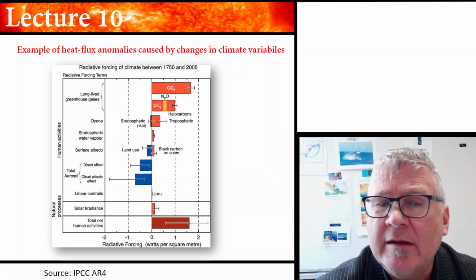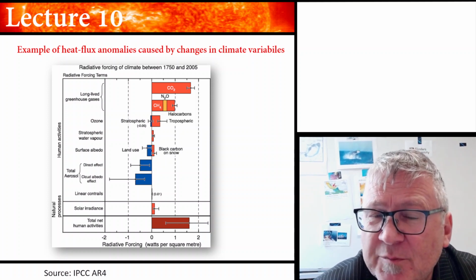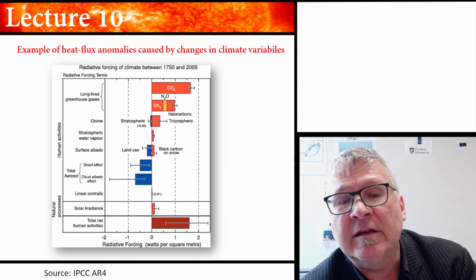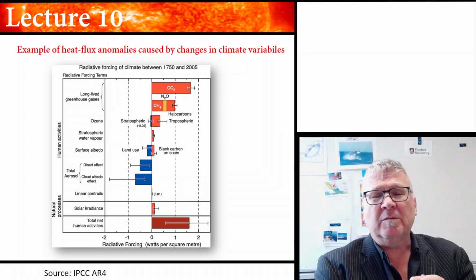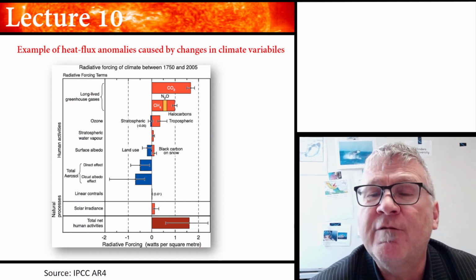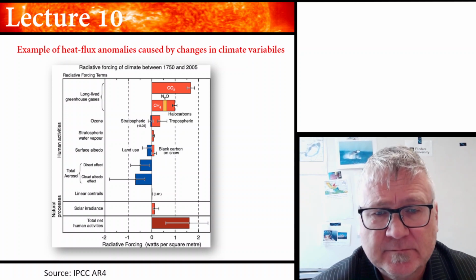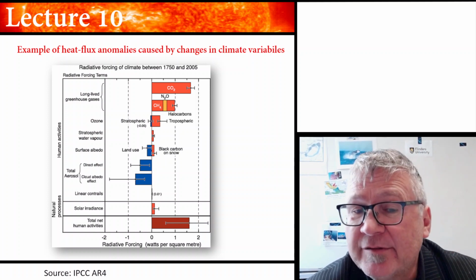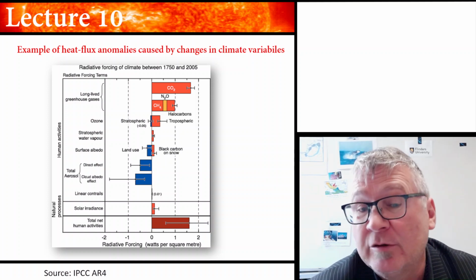And just before we finish off this first part, while we have this graph in view, I just want to put an emphasis on why there is often such a focus on CO2 as a dominant effect. It is not a dominant effect.